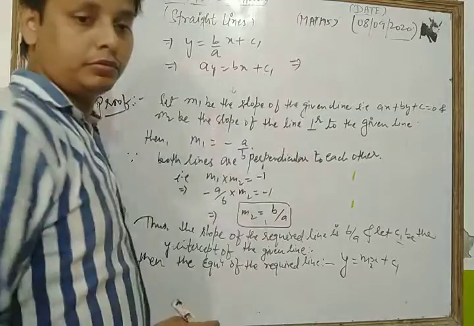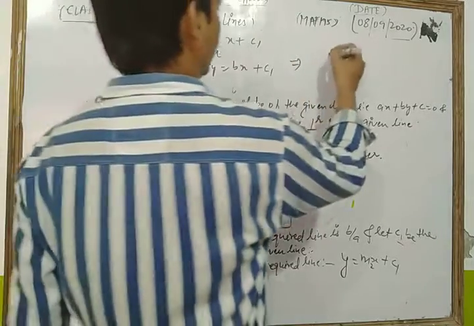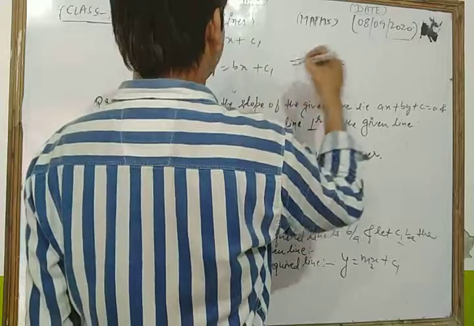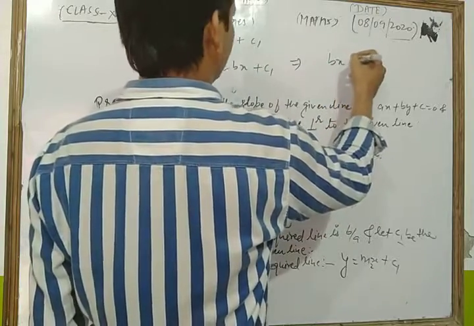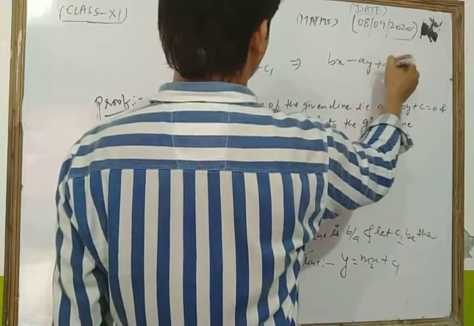Now we write bx minus ay plus c1 is equal to 0.